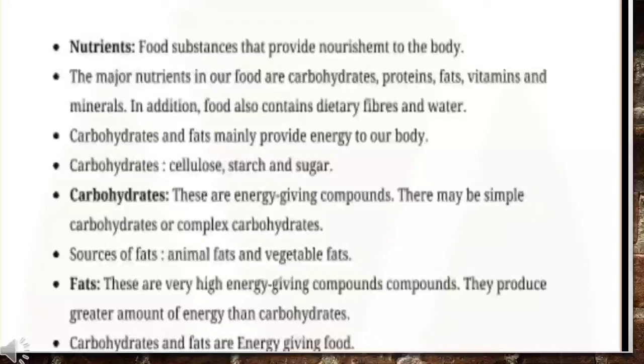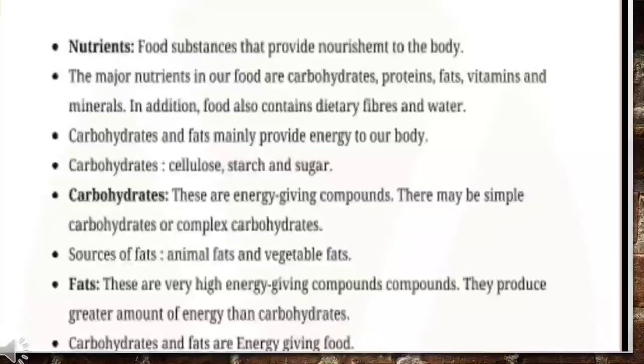Goiter due to deficiency of iodine, anemia due to deficiency of iron, scurvy due to deficiency of vitamin C, night blindness due to deficiency of vitamin A, beriberi due to deficiency of vitamin B. Minerals are important elements required for maintaining good health.